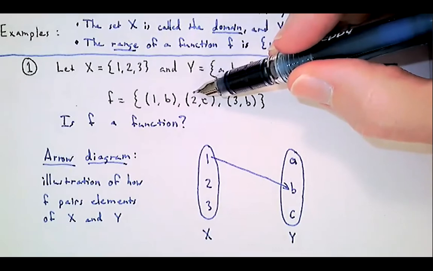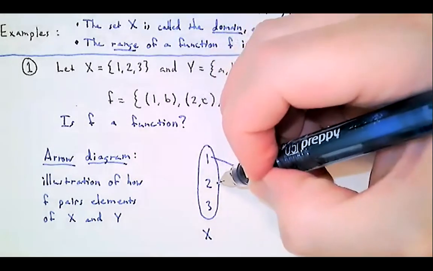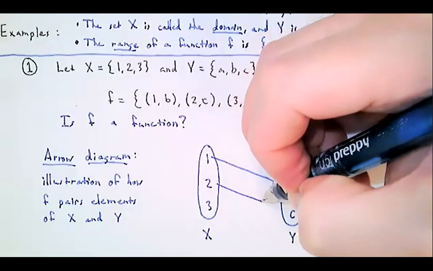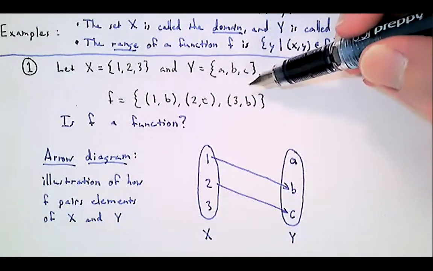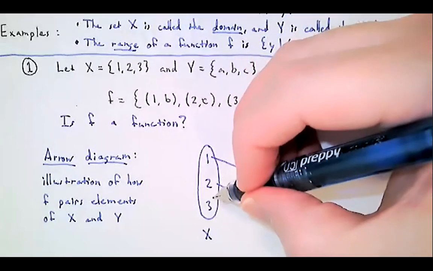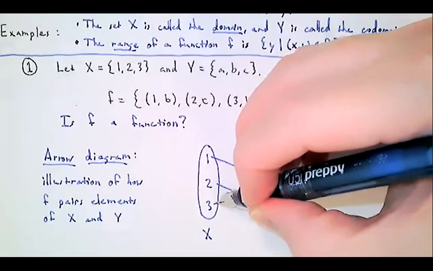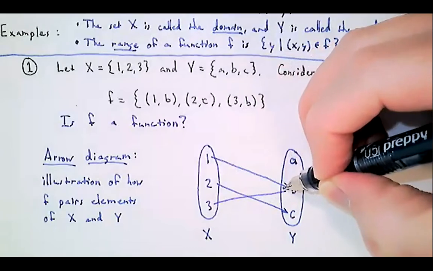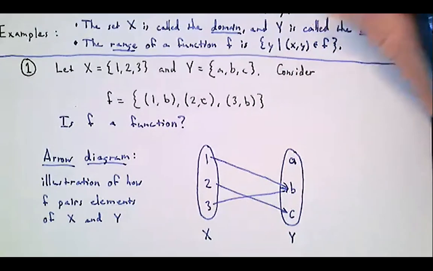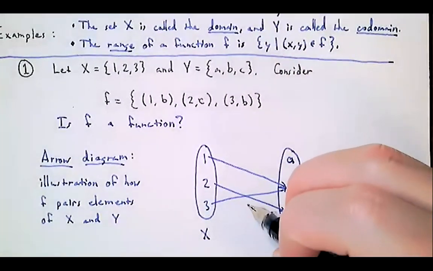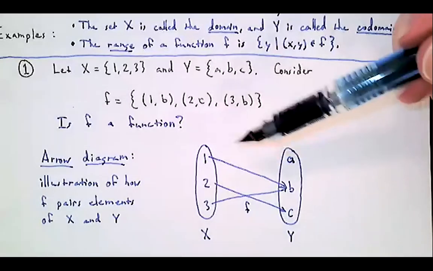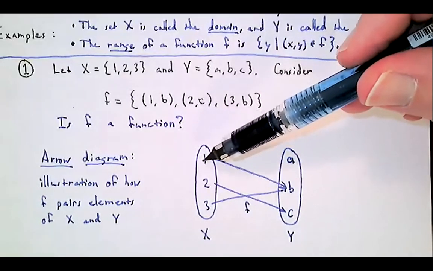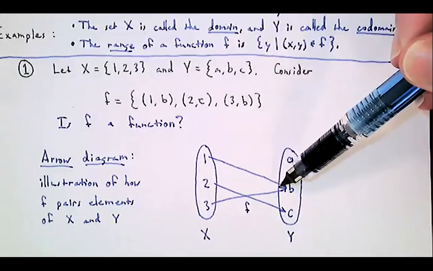So here we have an arrow from 2 to C. And for the third ordered pair, we have an arrow from 3 to B. And then I'll label my arrows with the name of my function f. So what the arrows are doing here is they're pointing from the input value to the corresponding output.